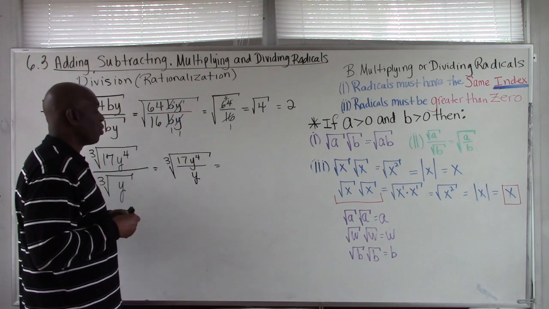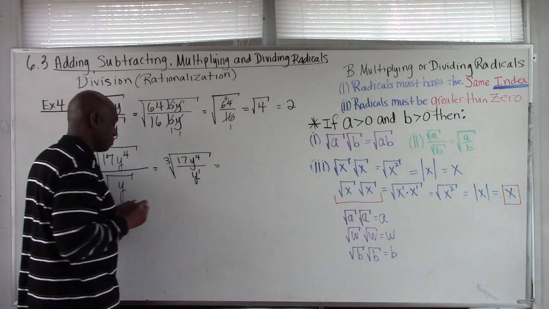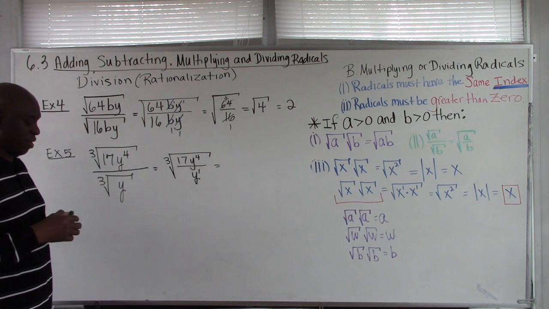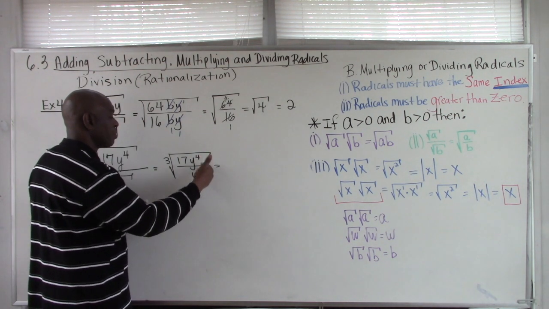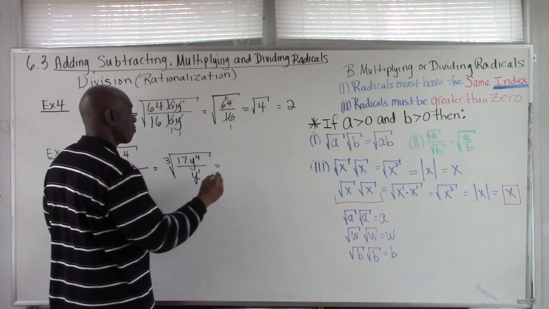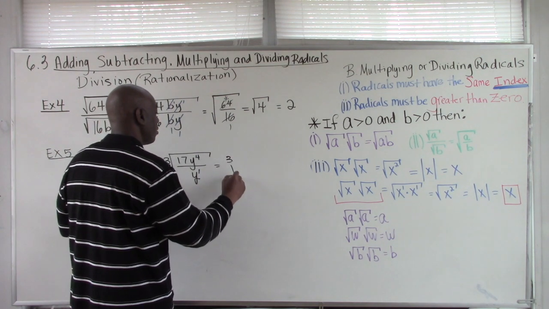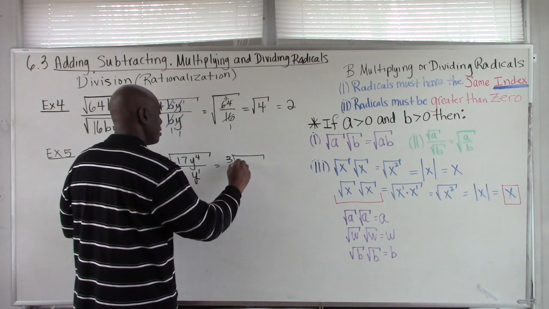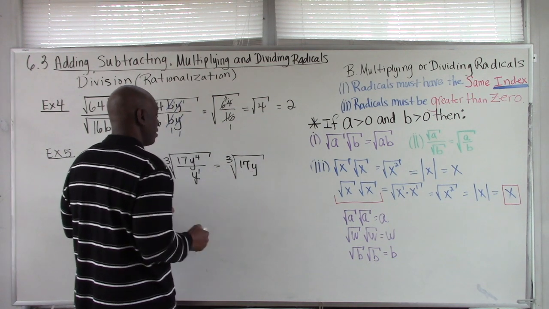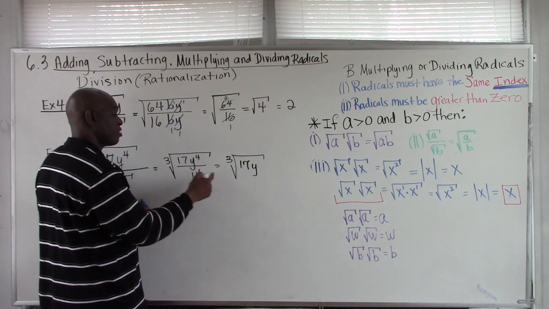The power here is 1. So subtract your variables, subtract the exponential powers, subtract the powers of the variable. So we're going to have the cube root of 17y. Well, 4 minus 1 is 3.